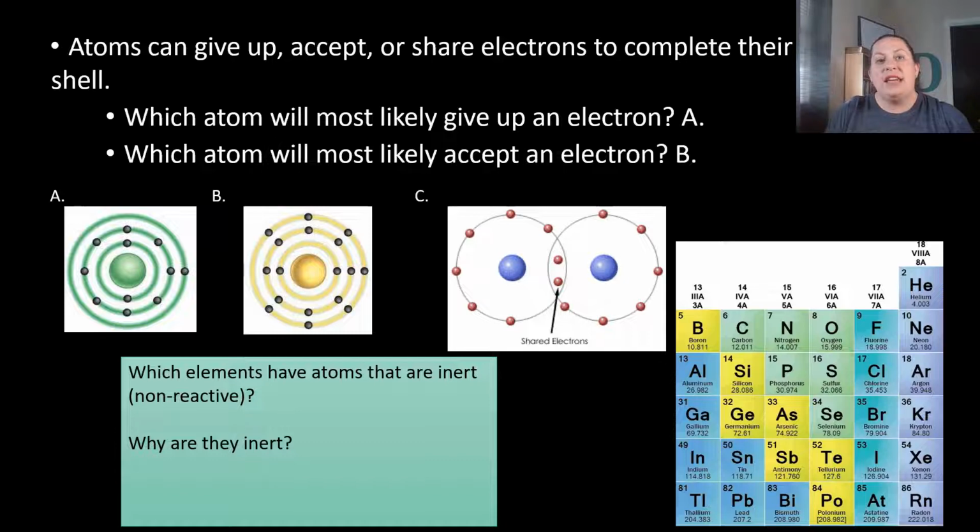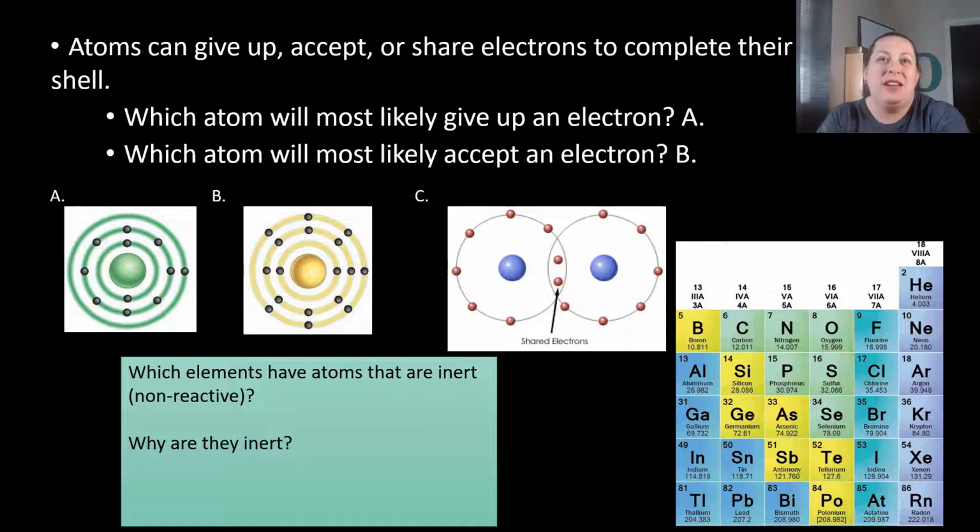Now, with this, guys, atoms can either give up electrons, they can accept electrons, or they can share electrons. All 3 of these ways could help them complete their outer shell, and this would make them happy because they're full and happy if they have 8. So which atom will most likely give up an electron out of my examples here with A, B, and C?